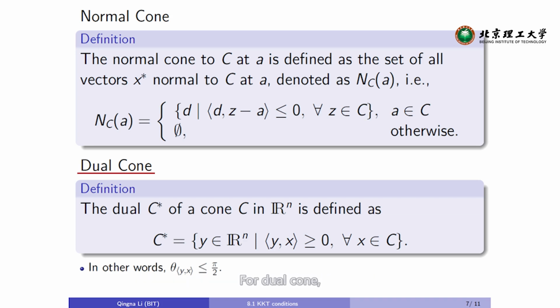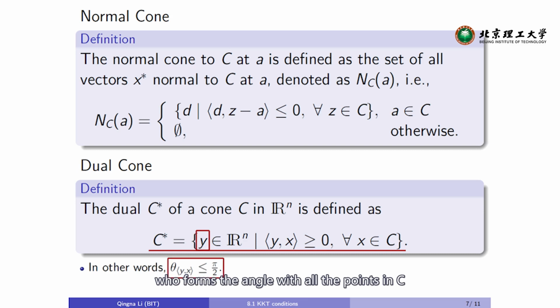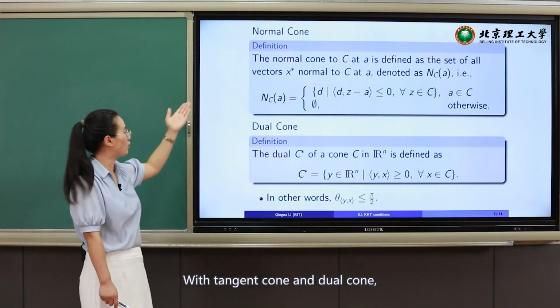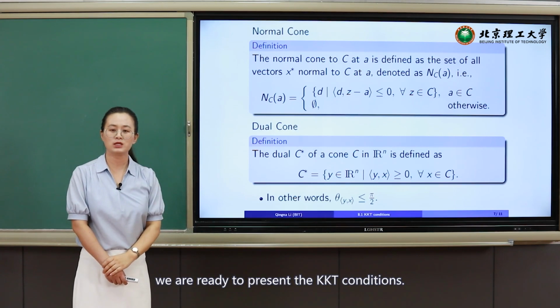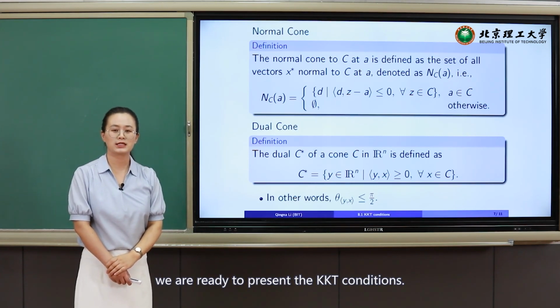For the dual cone, we are looking for a vector y which forms an angle with all the points in C smaller than or equal to half pi. If the vector y satisfies the condition here for all x in C, then it belongs to the dual cone. With the tangent cone and dual cone, we are ready to present the KKT conditions.